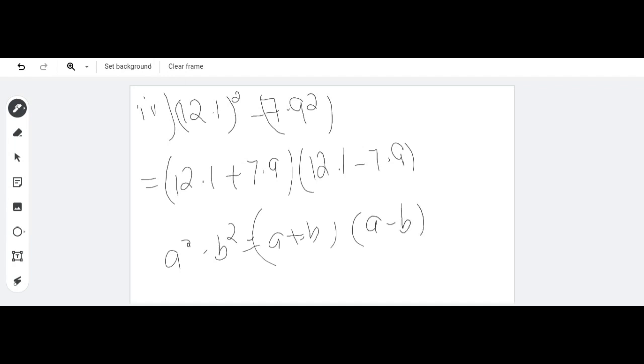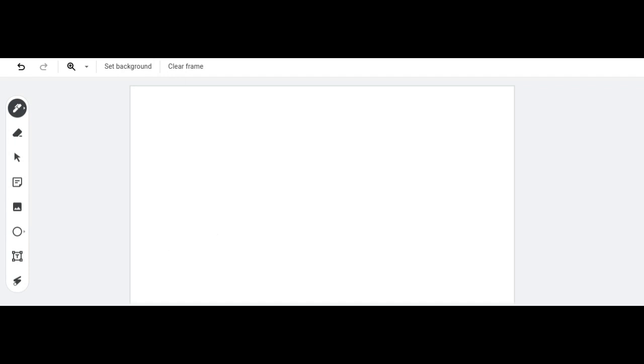Now I have to add and subtract them. Which number is greater? 12.1. Okay. 12.1 and then 7.9. I have to add these two first. By adding these two, what is the answer? 9 plus 1, 10. 7, 8, 9, 10.